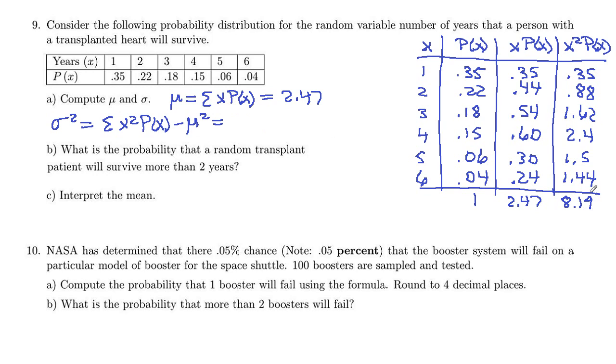So that's going to be the sum of the last column, 8.19, and then minus our mean, 2.47 squared, which gives you 2.089. And that's sigma squared, that's the variance. So sigma is going to be square root 2.089, which is approximately 1.45.